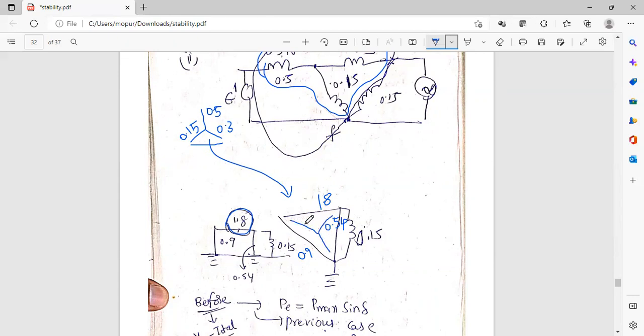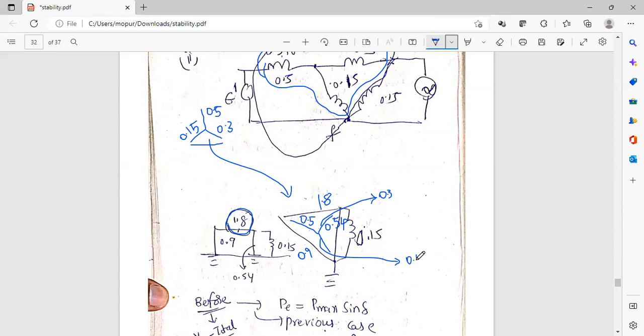This is 0.5, this is 0.5, this side of the star is 0.3, and this value of the star is 0.15. So I converted the star into the corresponding delta. I got the upper side 1.8, here 0.9, 0.54, and the parallel one is 0.15.